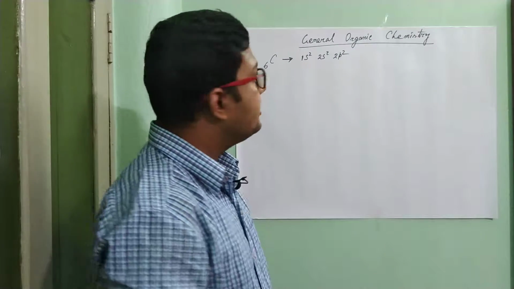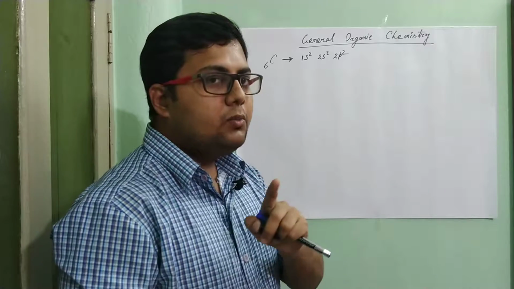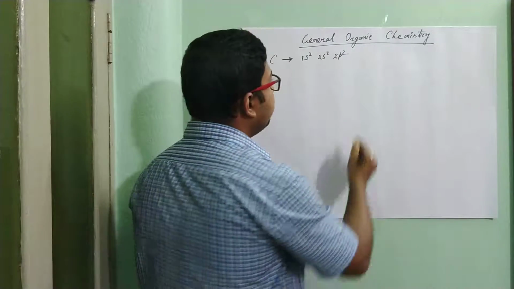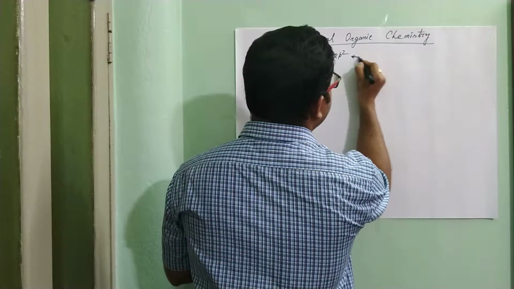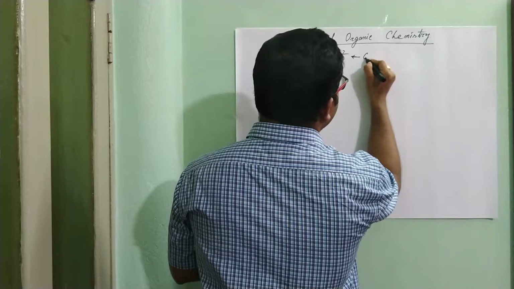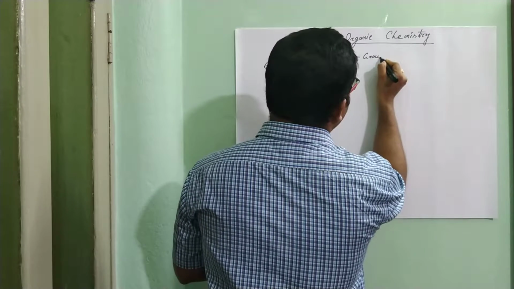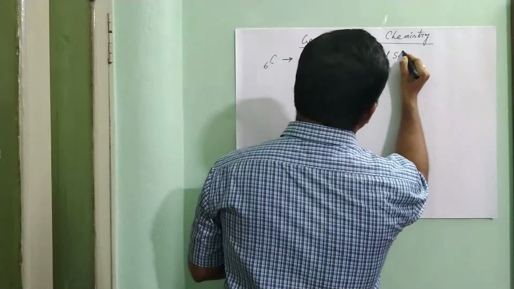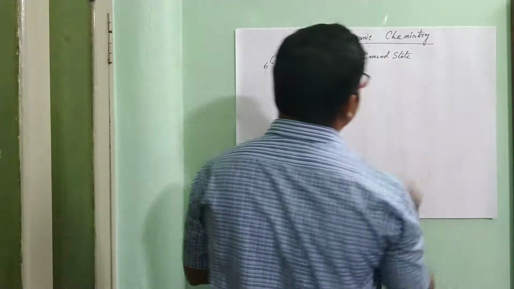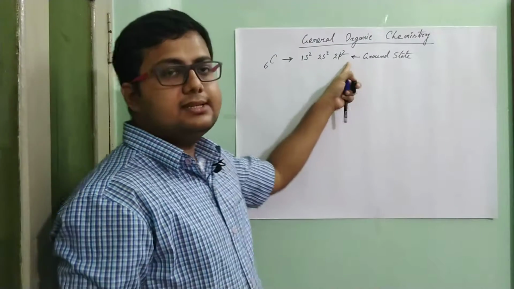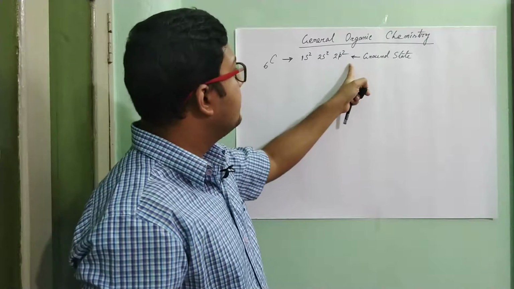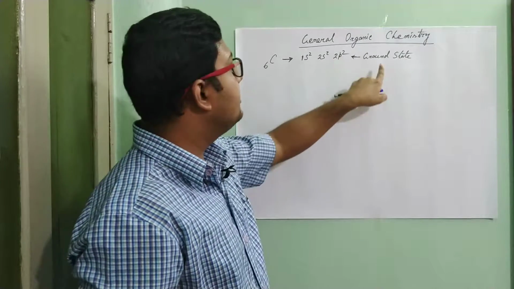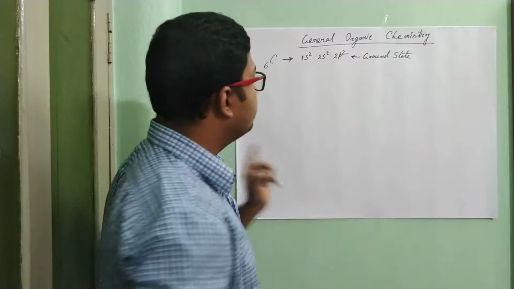This would be the electronic configuration. But one more thing we need to understand here, that this is actually carbon's ground state electronic configuration. Whenever we write the electronic configuration like this, we are saying the ground state electronic configuration.